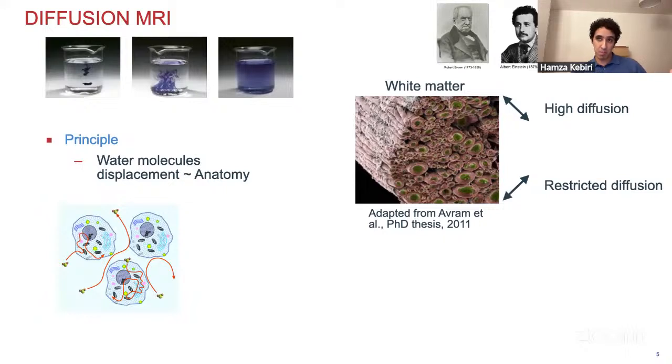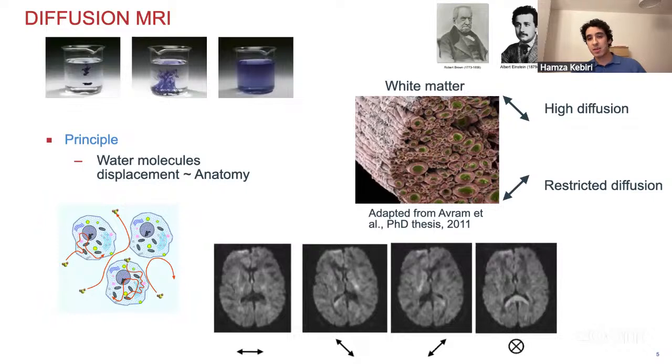And of course, there are many other angles that we want to extract. This is what's called the angular resolution. Basically, we try to get the information about how the water molecules diffuse along different directions. They're called gradient directions. Typically, you can acquire around 30, 60, or even 100 or more directions.